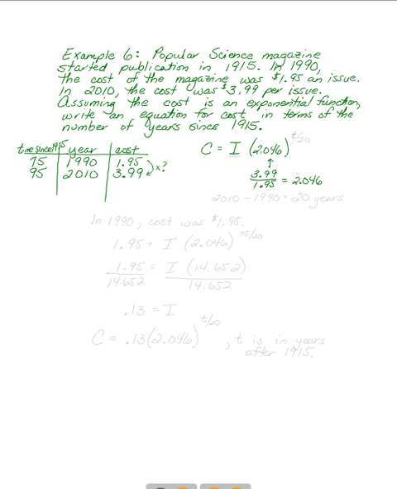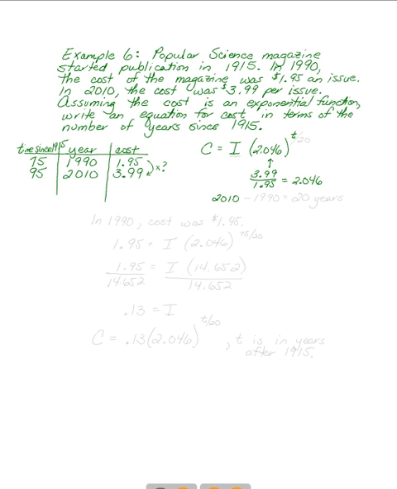Now again, keep in mind that we're going to look at time, and our time t in this case is the number of years since 1915. But how long did it take for that change to occur? It took from year 75 to year 95, or year 1990 to 2010.